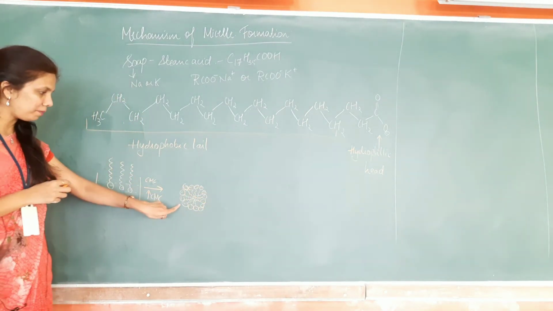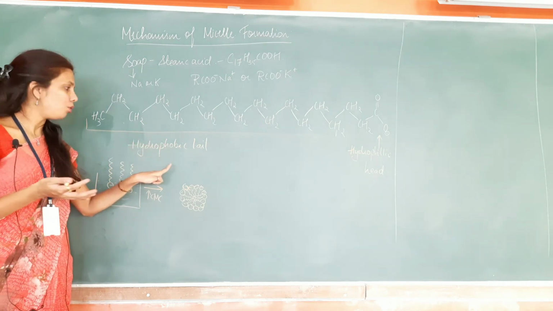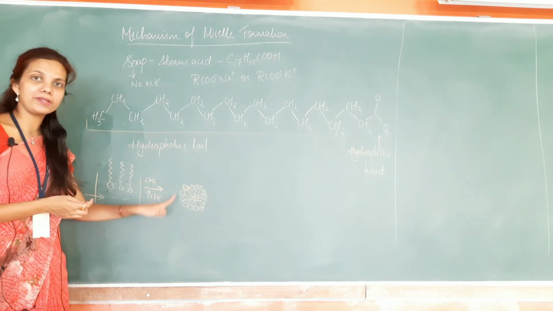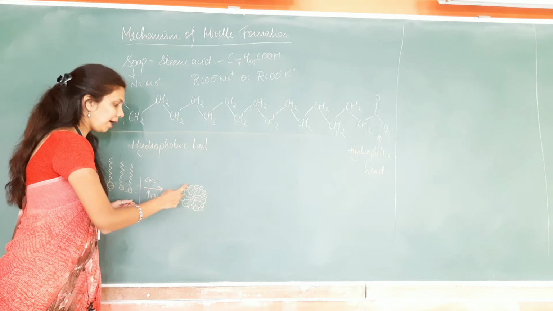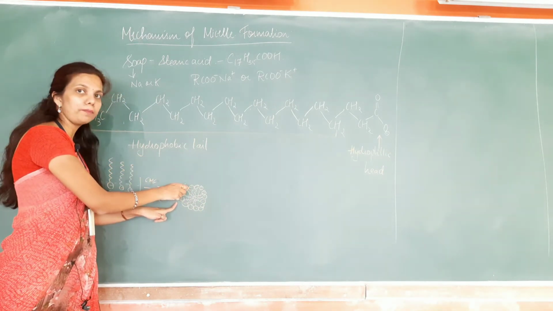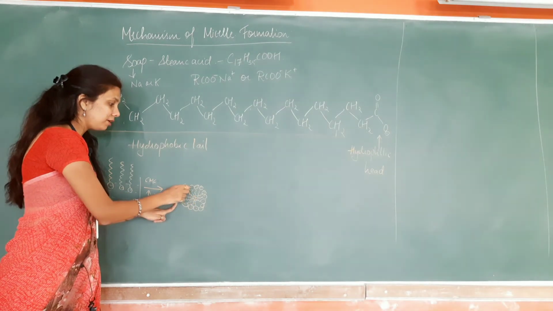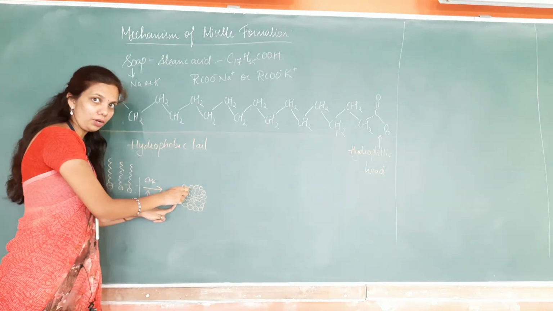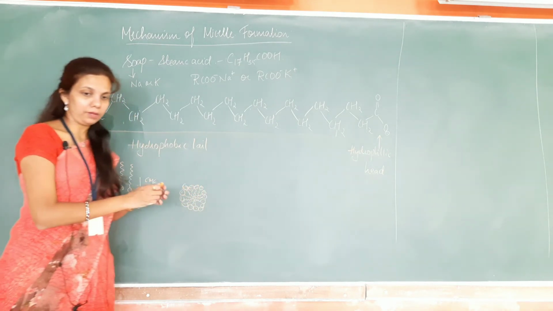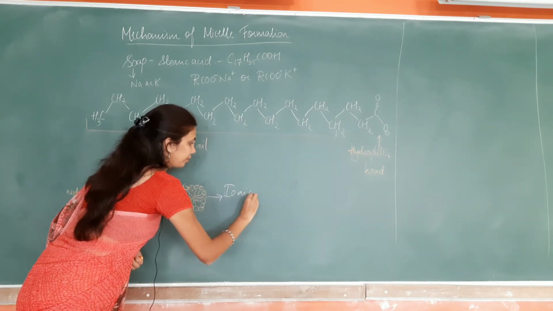I told you at the beginning that the hydrocarbon part is also called the hydrophobic tail. So when an ionic micelle is formed, the anions come together and form a sphere, the hydrocarbon part is at the center, whereas the stearate ions, the hydrophilic part, are at the surface of the sphere. And this is the formation of an ionic micelle.